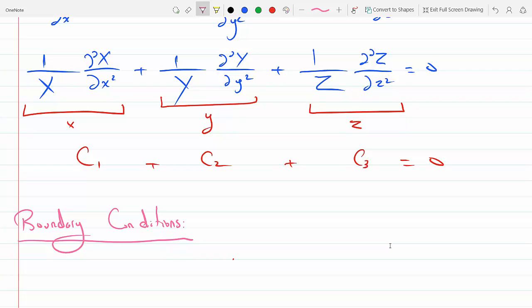Well, with the boundary conditions, let's just look at the figure. We have V, so they're grounded on the xy plane, correct?